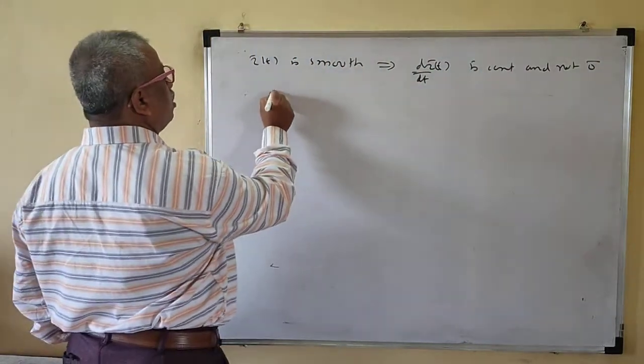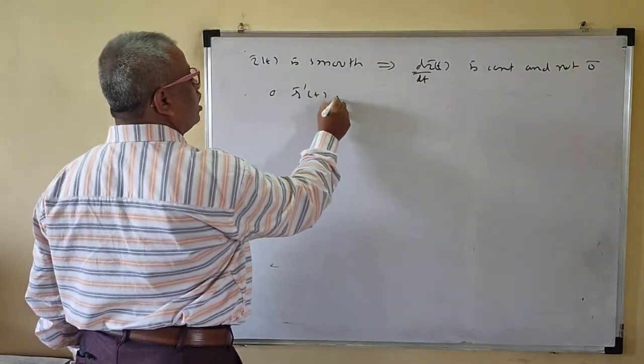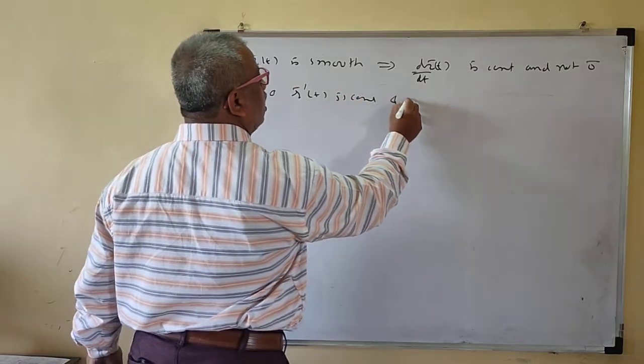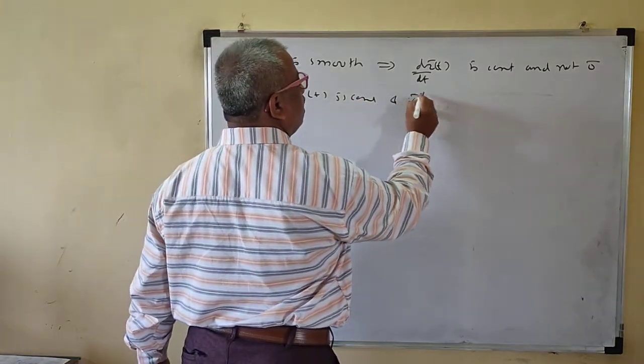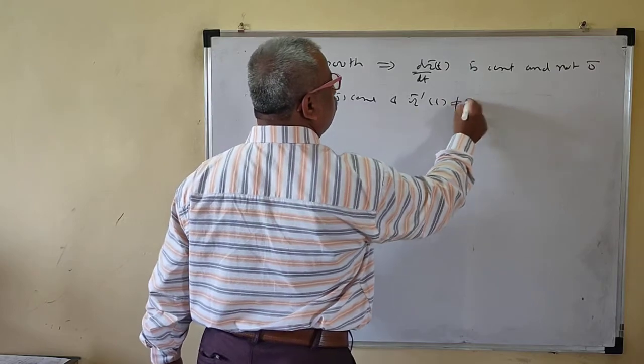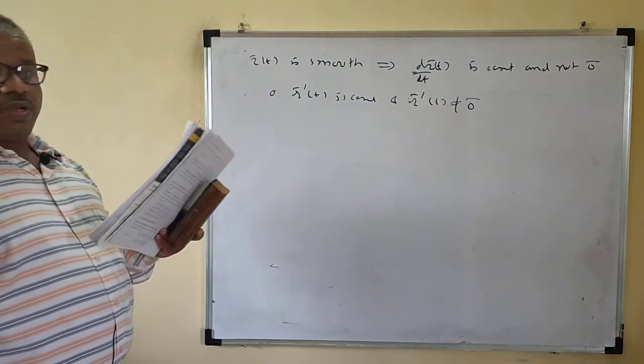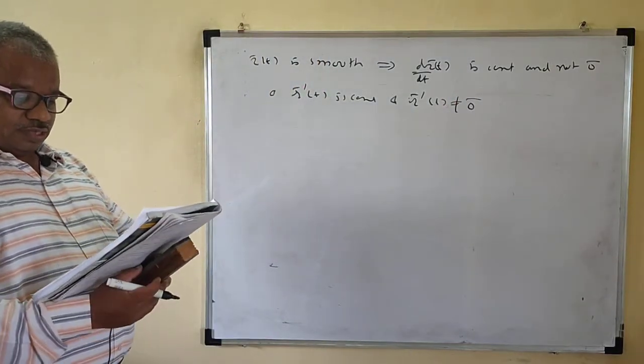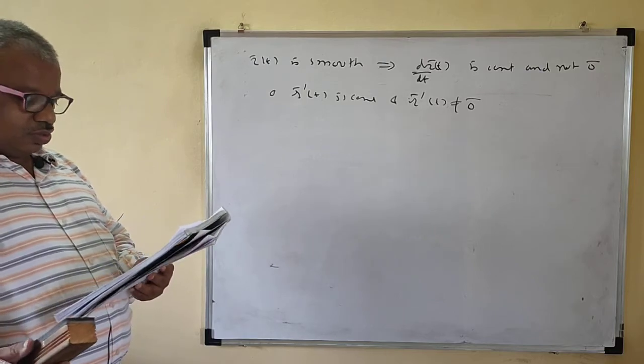That means r bar dash of t is continuous and r bar dash of t is not equal to the 0 vector. The derivative is not a 0 vector.